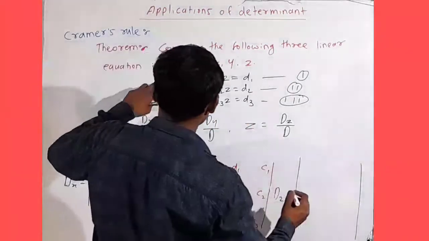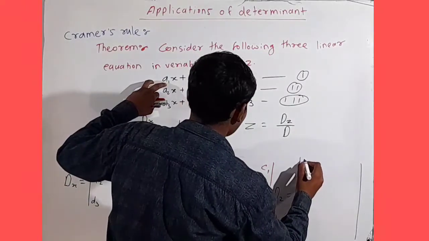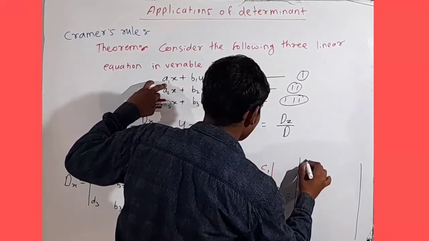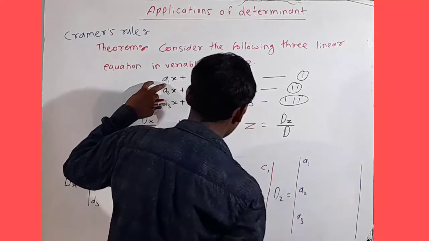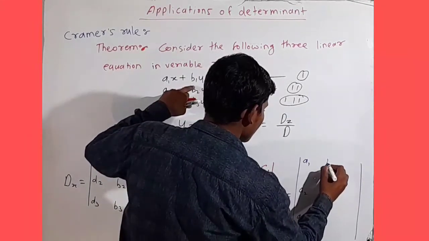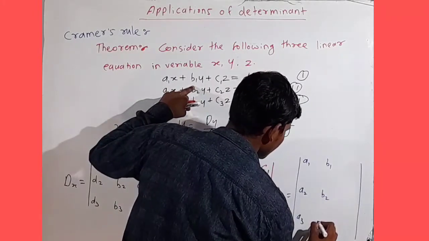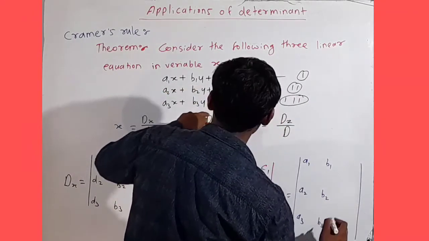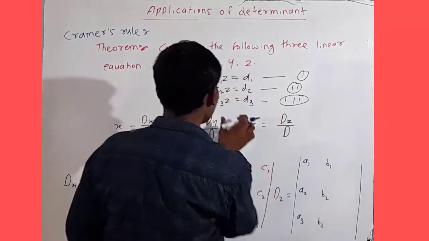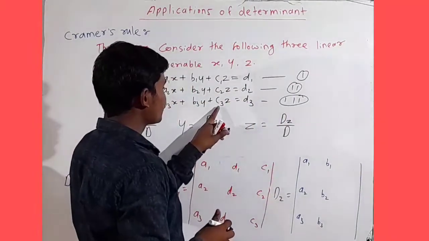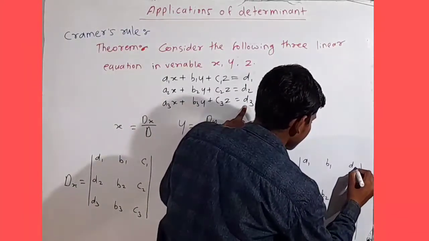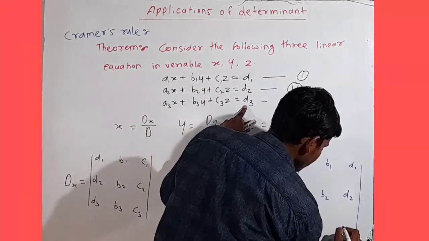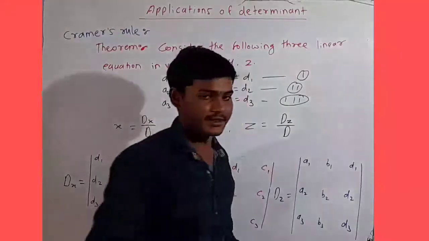For the value of dz, we write the values of x, that is a1, a2, a3, b1, b2, b3, and at the place of z we write the values of d, that is d1, d2 and d3.